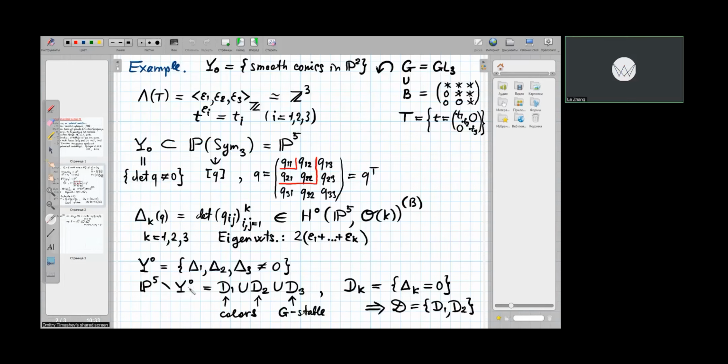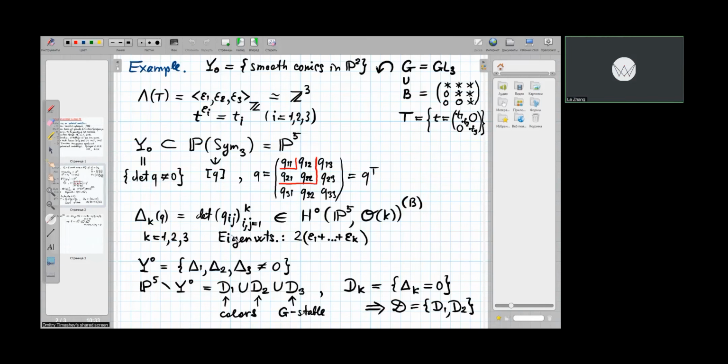D1 and D2 are colors, and they intersect Y0. And D3 is G-stable. It doesn't intersect Y0. But the colors should be the intersection of D1 and Y0, not D1 itself.